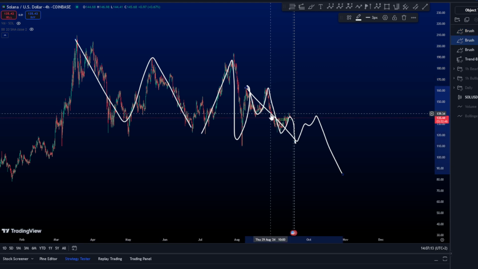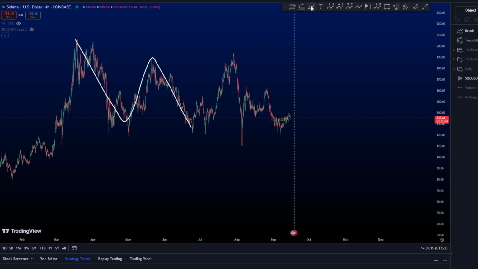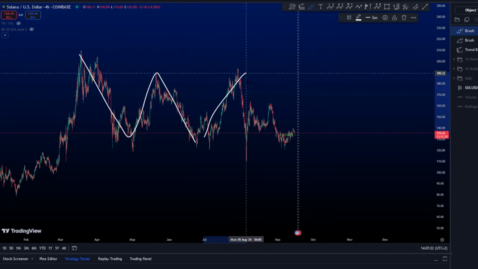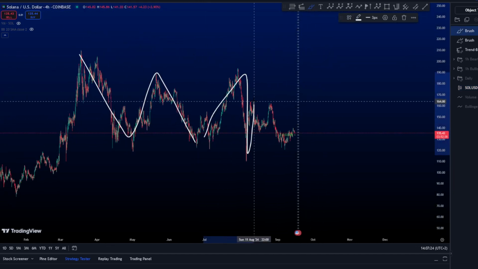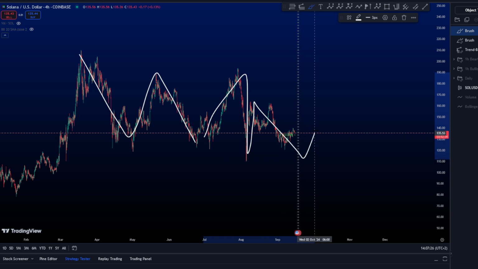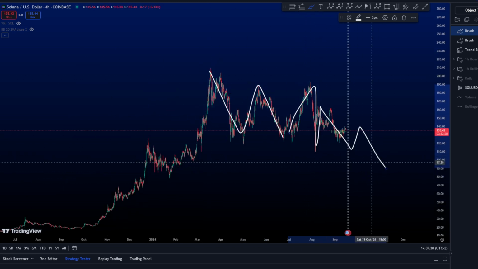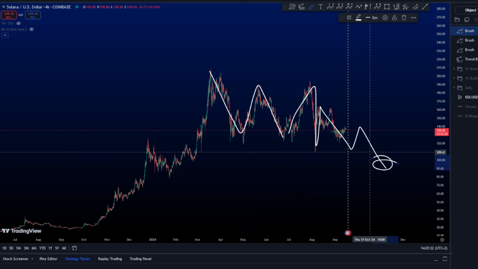Again, to make it much clearer, this is what you are looking at. Here, finishing a zigzag, and then a running flat, and then you are finishing here another zigzag towards the downside, finishing a WXY with lower prices.